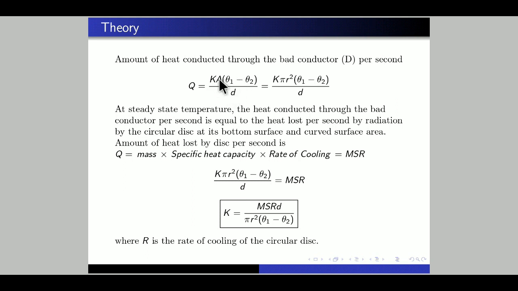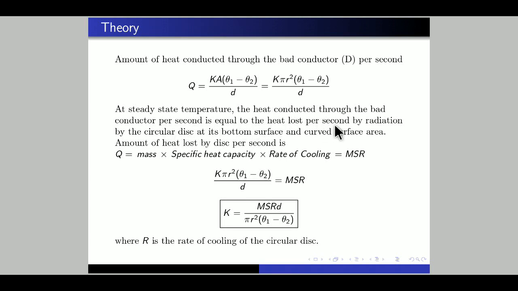Now we choose the bad conductor in such a way that its thickness is very small, and its area of cross section, that is the diameter of the bad conductor, should be exactly the diameter of the Lee's disc.